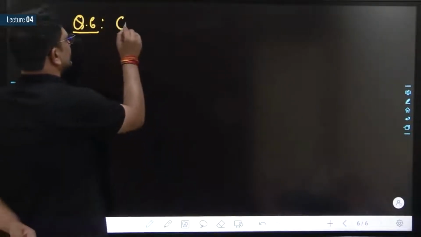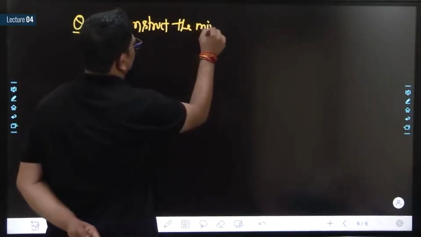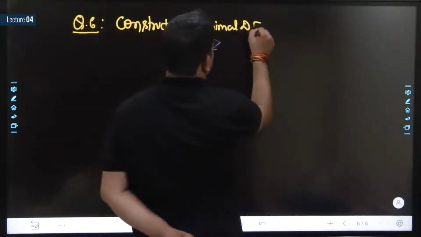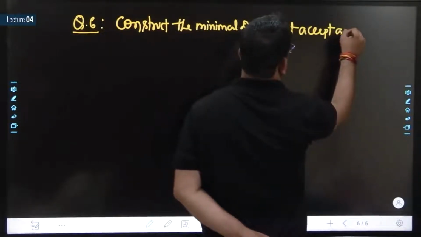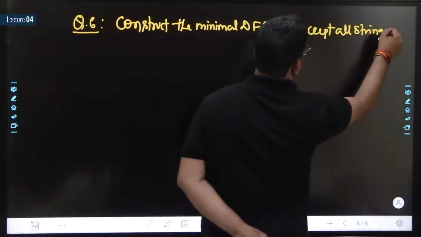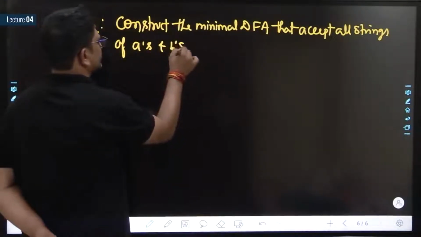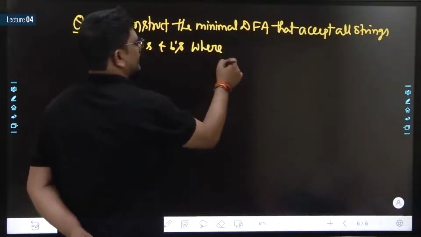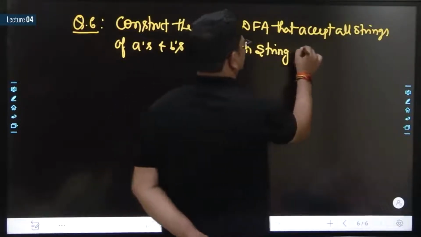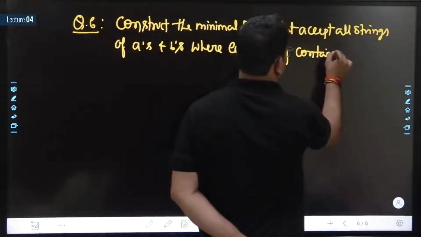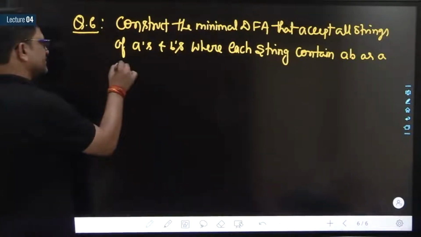Construct the minimal DFA that accepts all strings of A's and B's where each string contains AB as a substring.